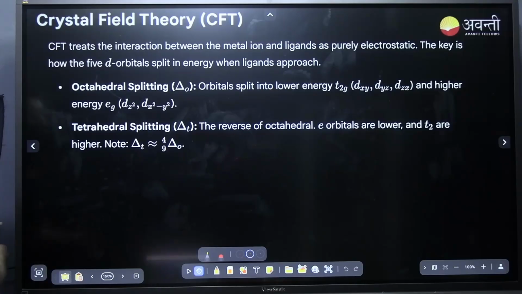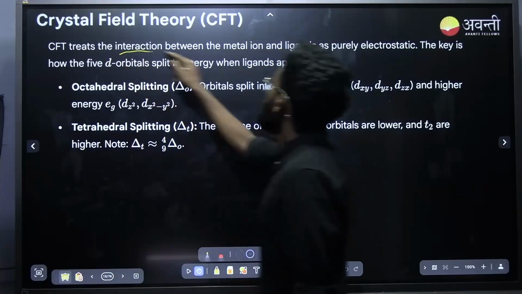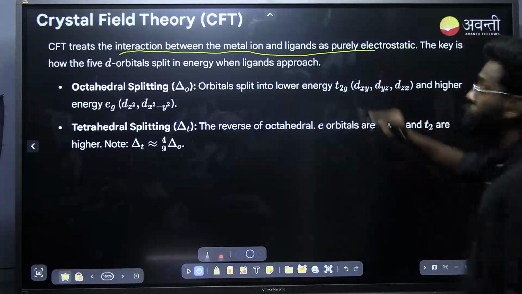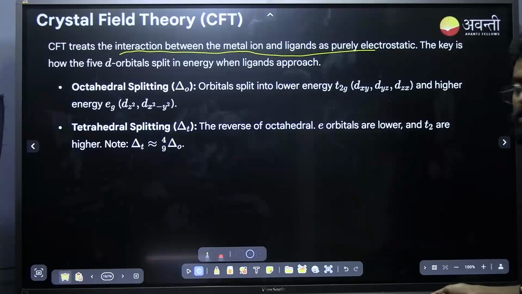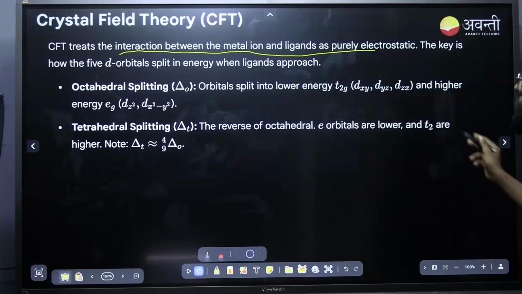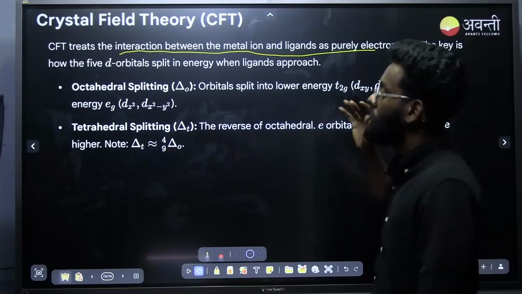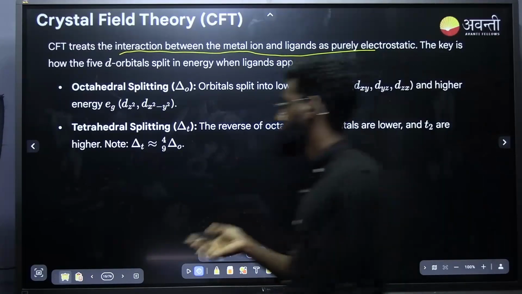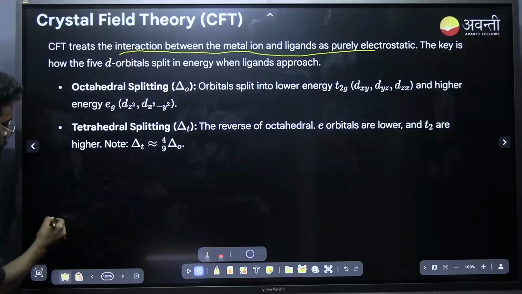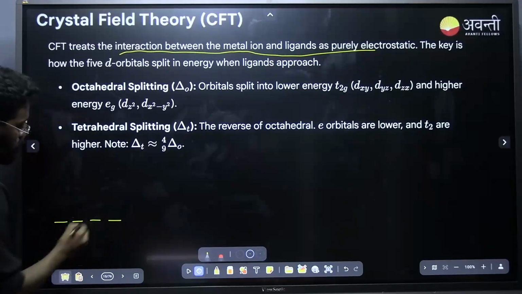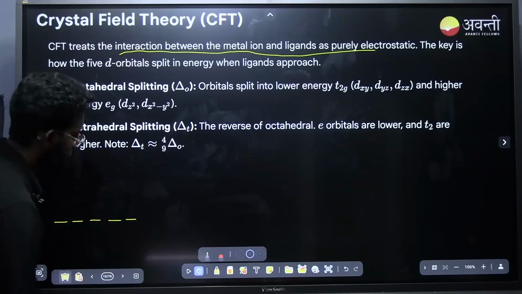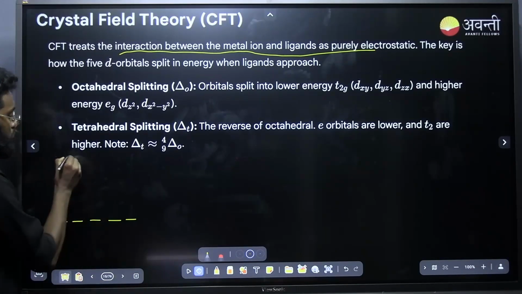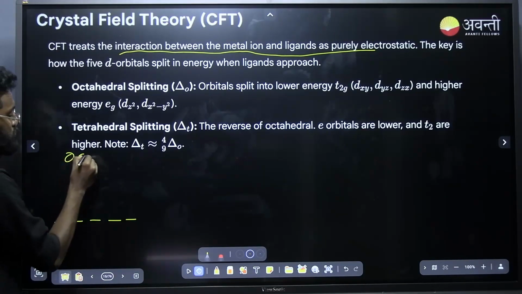According to crystal field theory, the metal ion and ligand are treated as purely electrostatic force of attraction. And what is going to happen? In the presence of ligand, there will be splitting of d orbitals. Initially, in the absence of ligand, the 5d orbitals will be at the ground level. First of all, I am talking about octahedral splitting.